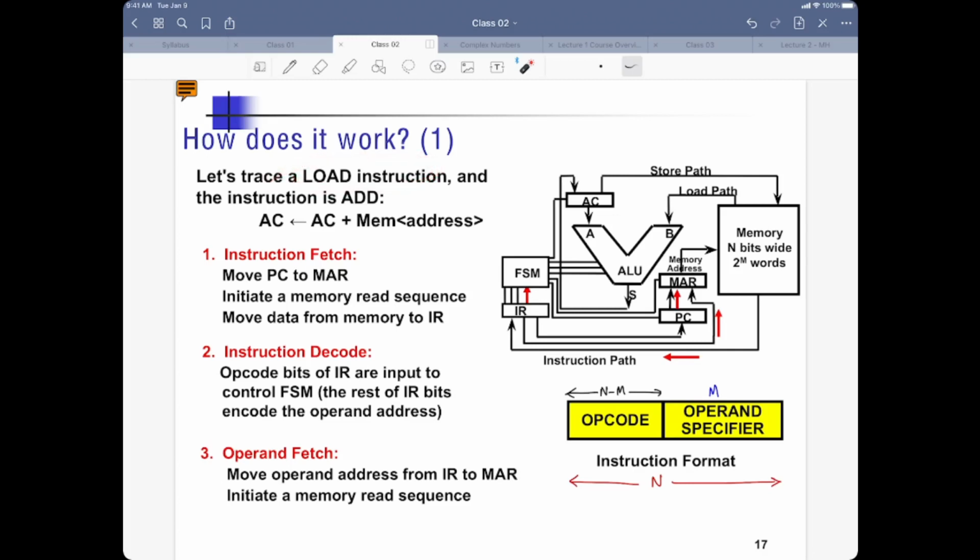When you hear the word load or store, a bell should ring. We are talking about memory. So load and store are probably the only two instructions that are with respect to the memory.